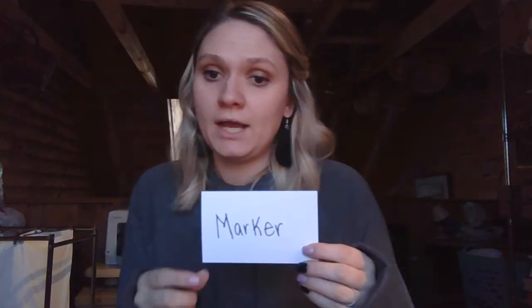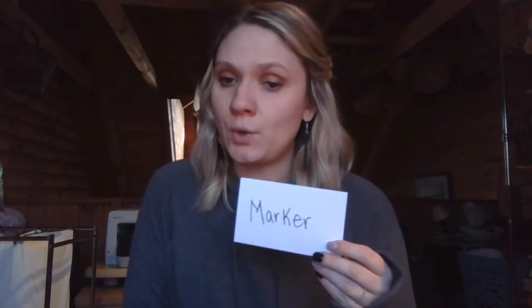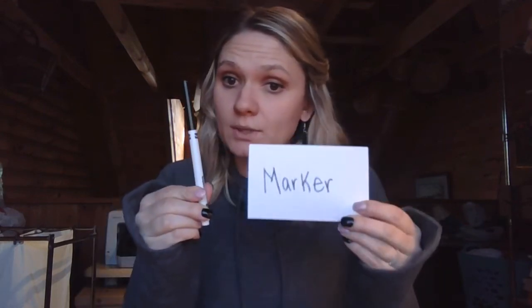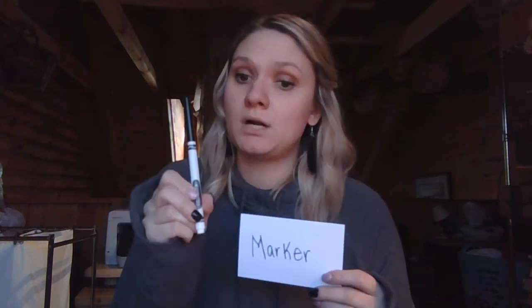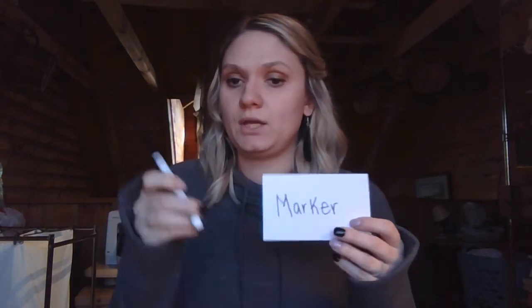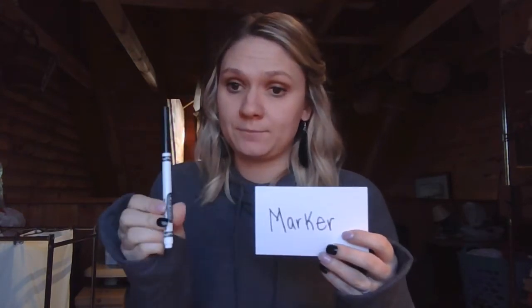So after verbal, you go to visual. If this is your question and you ask them, what's this word? And they have no idea what this word is, you can do a visual. You're giving them the visual cue that this is a marker, so this word is marker, so they can then answer the question based on this visual cue.